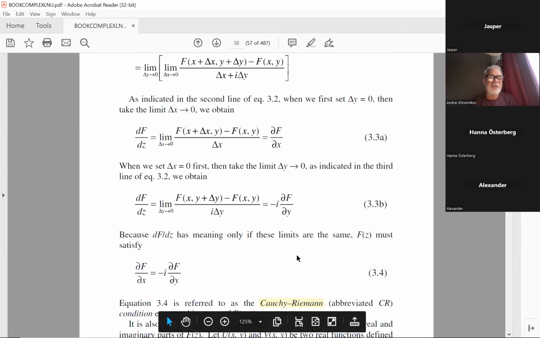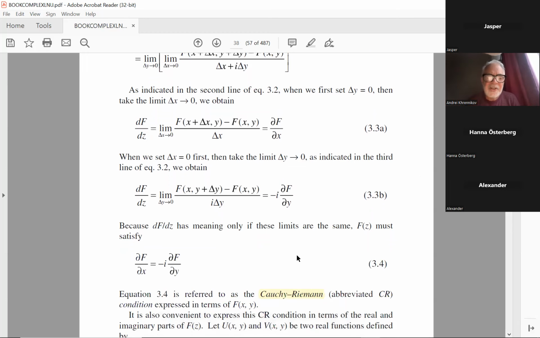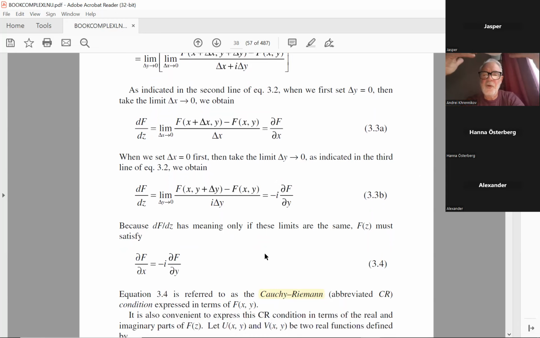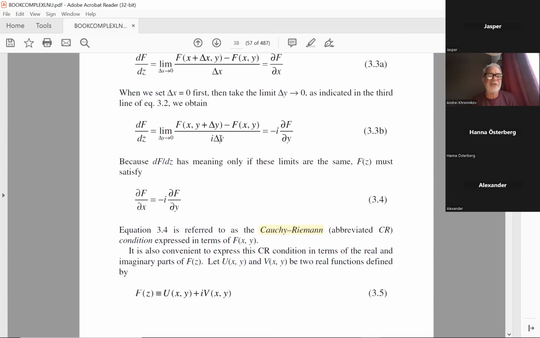So if this limit in the complex plane exists, these two numbers should be equal. This is the Cauchy Riemann equality. It comes from the definition of the derivative of a complex valued function: the derivative does not depend on whether we go through this axis or through this axis. So this is the Cauchy Riemann condition.